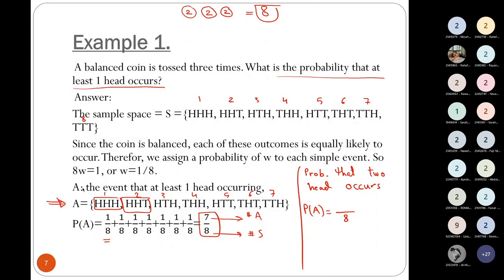How many outcomes have 2 heads? 1, 2, 3, just 3. So we have 3/8. Good, Rawan, Omar, we have just 3. We don't have 4. We have 3 elements over the whole sample space of 8, so we have 3/8. Any question?